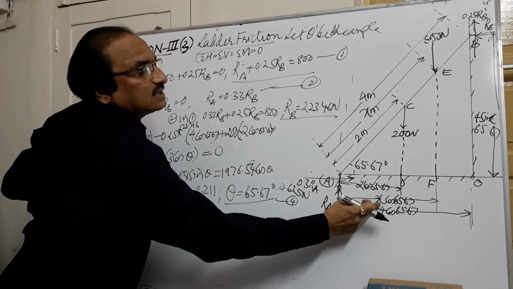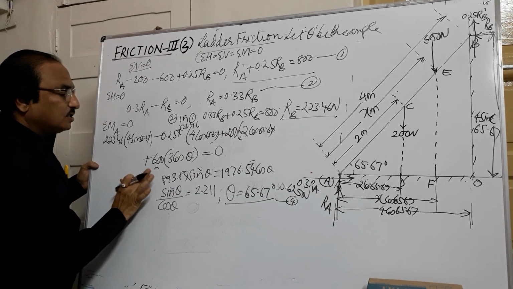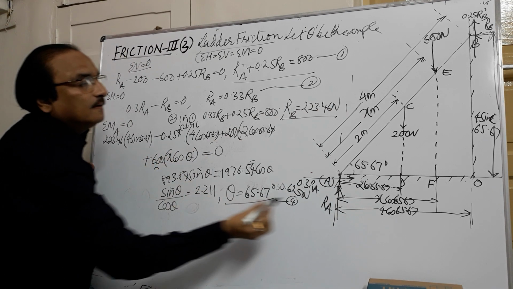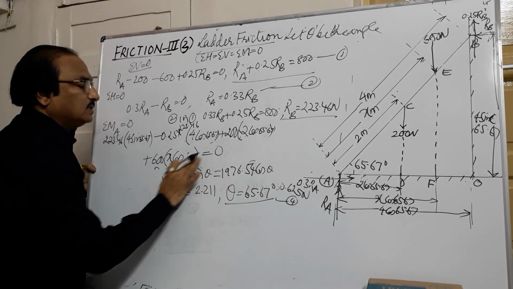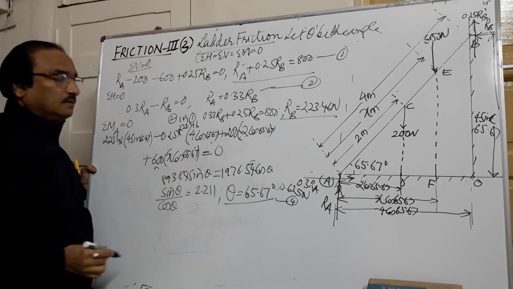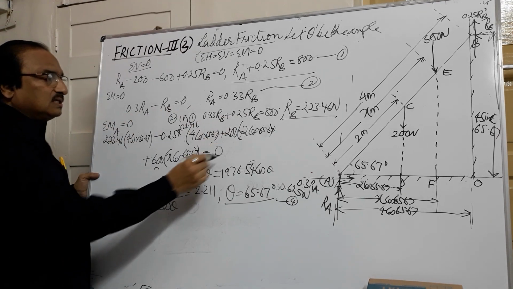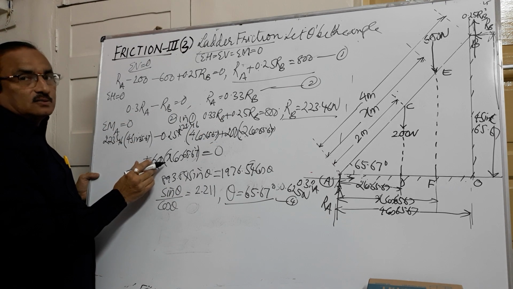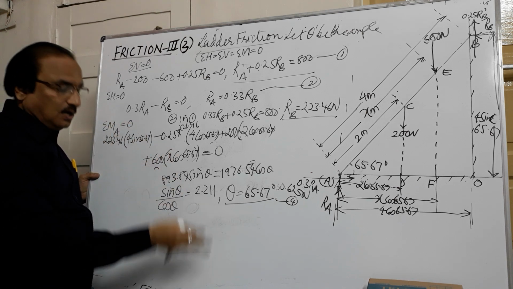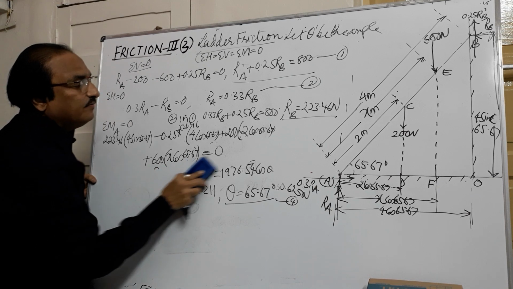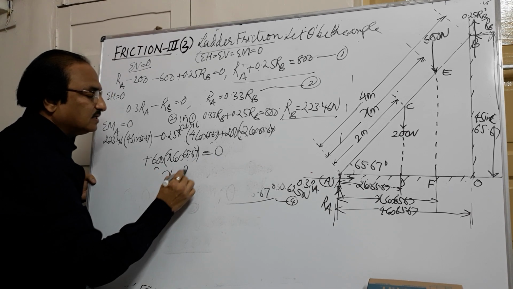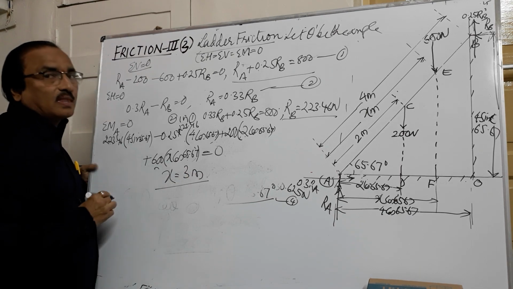We don't know that distance, so instead of 3, this will be x cos 65.67. The only unknown in this equation is x. So we have seen P, RB, theta, and now x. If you simplify for x, you get x equal to 3 meters.